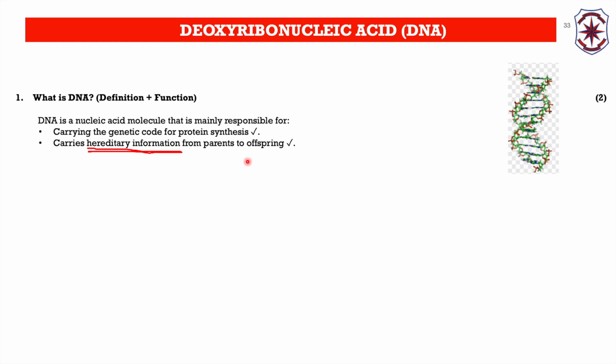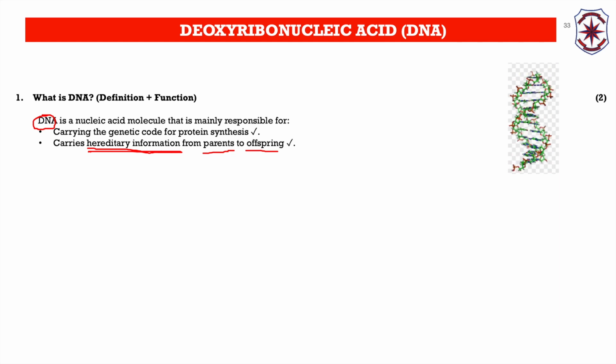And then the DNA of the mother carries her hereditary information in her egg cell. So the hereditary information of our parents are passed from them in their DNA contained in the sperm and the egg cell to us, the offspring. I hope this makes sense.